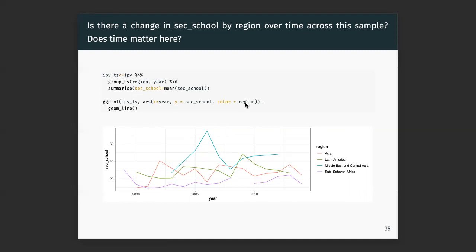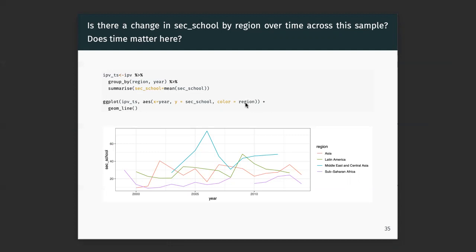That is, it's a repeated measurement of something over time, as in longitudinal data. We'll put time on the x-axis. In this case, that's year, right? So we want to look at things as they change, moving forward in time. We're going to put the secondary schooling variable on the y-axis. And then we're going to make region, again, color.